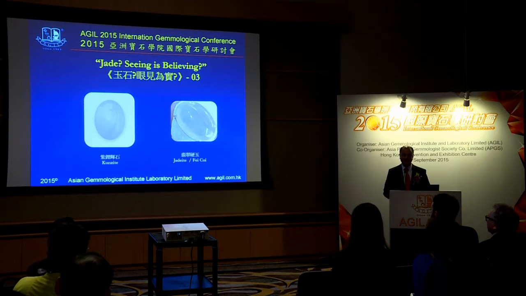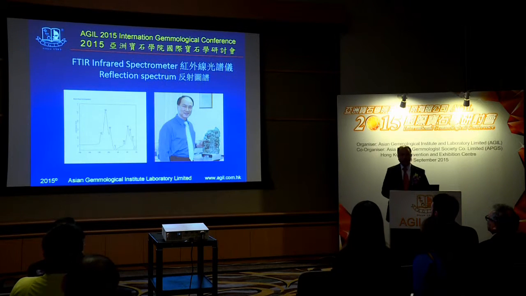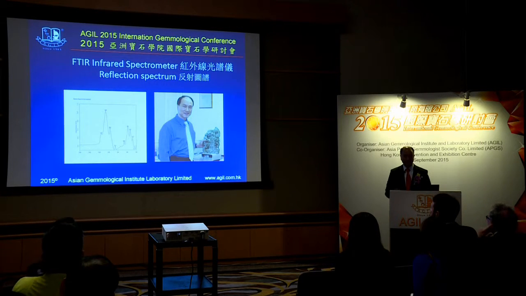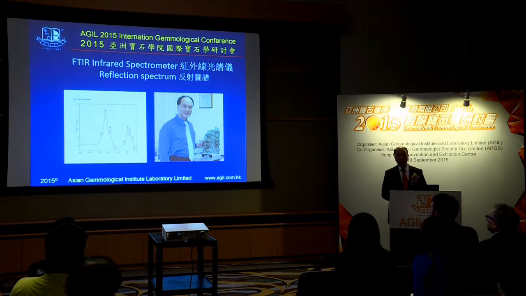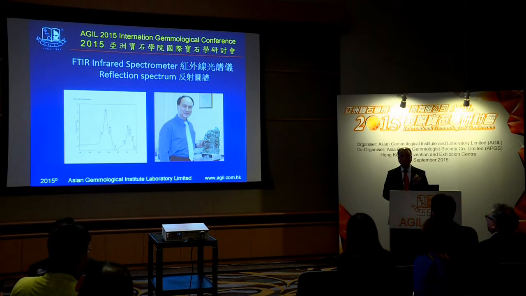Okay, in our laboratory, we have a testing method known as the infrared reflection spectrum. This infrared spectrometer can show the reflection spectra of many different gemstones, making it possible to classify them.